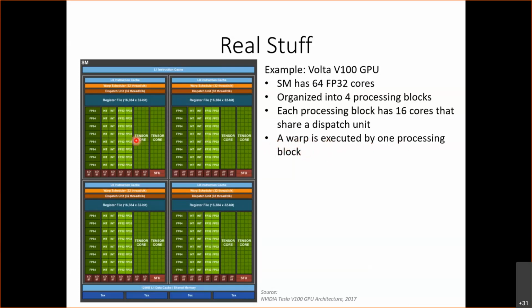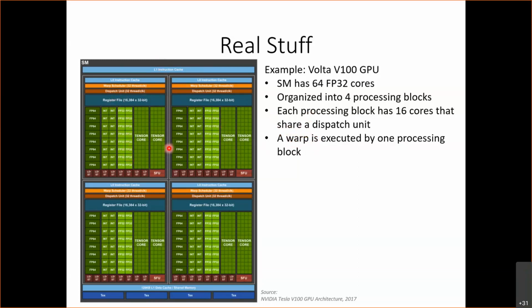Each processing block is going to execute multiple warps. But what I mean by this is that one warp is not going to execute on multiple different processing blocks. We're going to fetch one instruction for that warp and execute it for all threads in that warp.